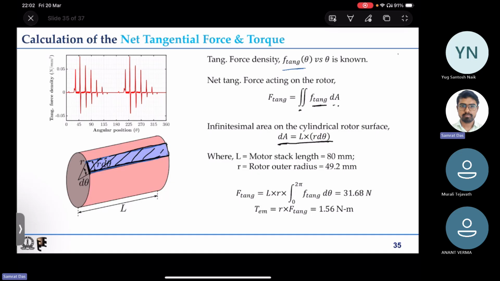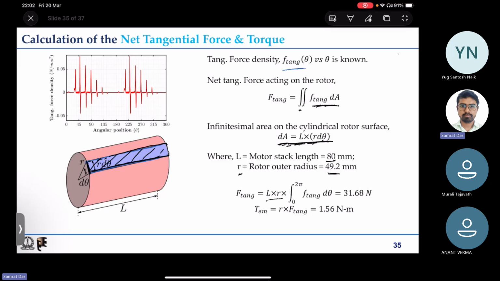Now if you plug in the numbers that I have used in this case, the motor stack length L is 80 mm and the rotor outer radius is 42.2 mm. If you put this dA in this expression, L and R are constant, so they will come out.